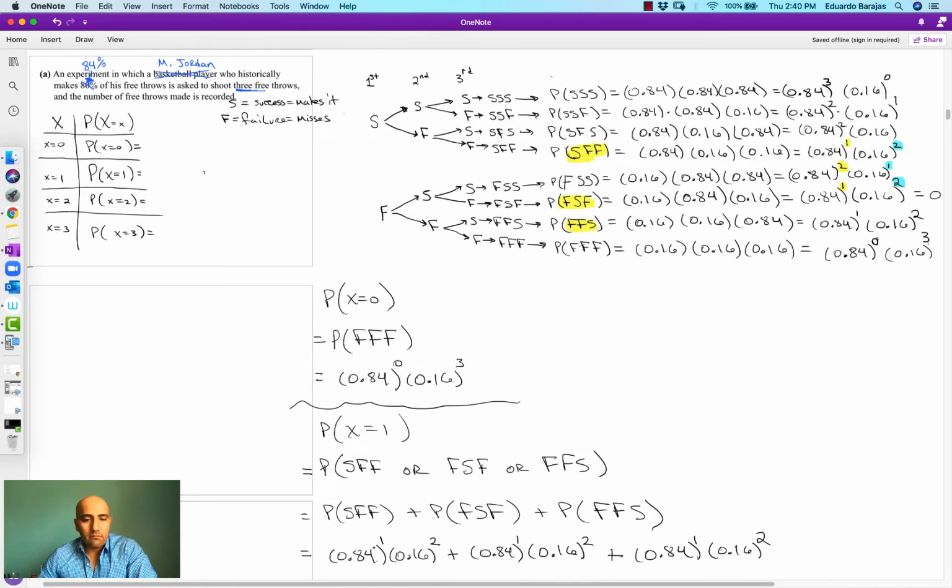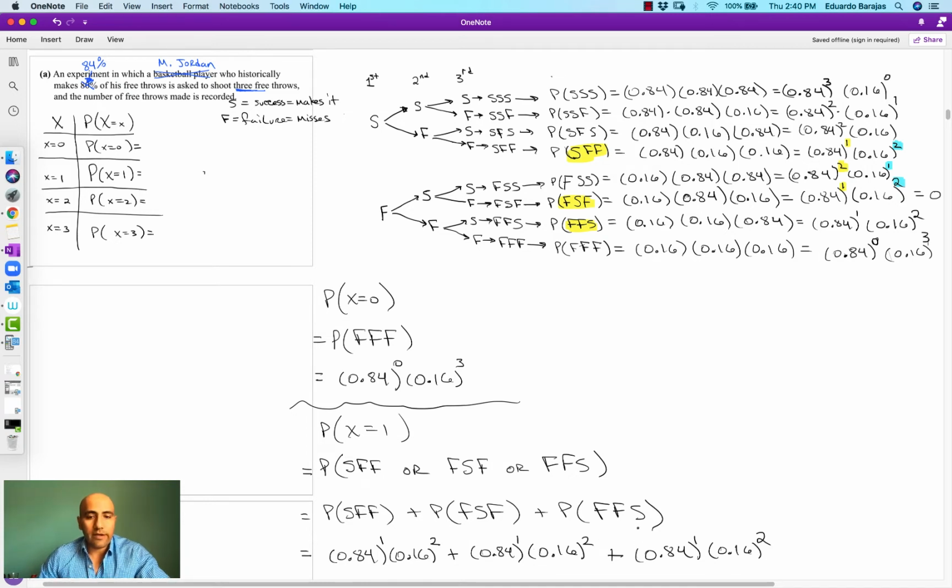Well, we can see that there's going to be 3 different terms that we add, but they're all identical. Because here the order mattered, but then when you actually calculate it and you multiply it, all that really matters is that you have 1 copy of the success, that's 0.84, times 2 copies of the failure, and that determines this one. And this one ends up being the same, and this one ends up being the same.